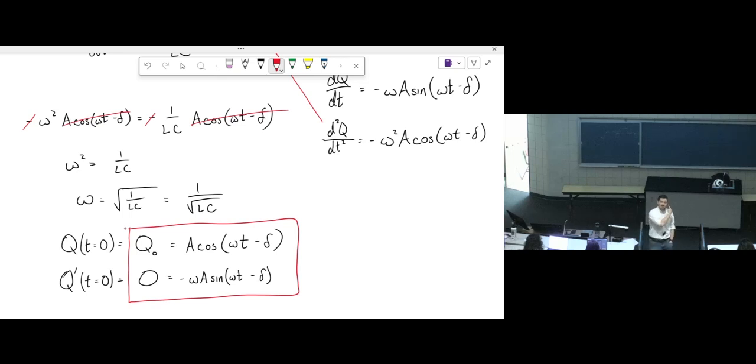That would break this assumption, and we would have two different conditions here that we would have to satisfy that would give us different values of A and delta. But for this one, the setup told us that we started with a fully charged, a maximally charged capacitor.